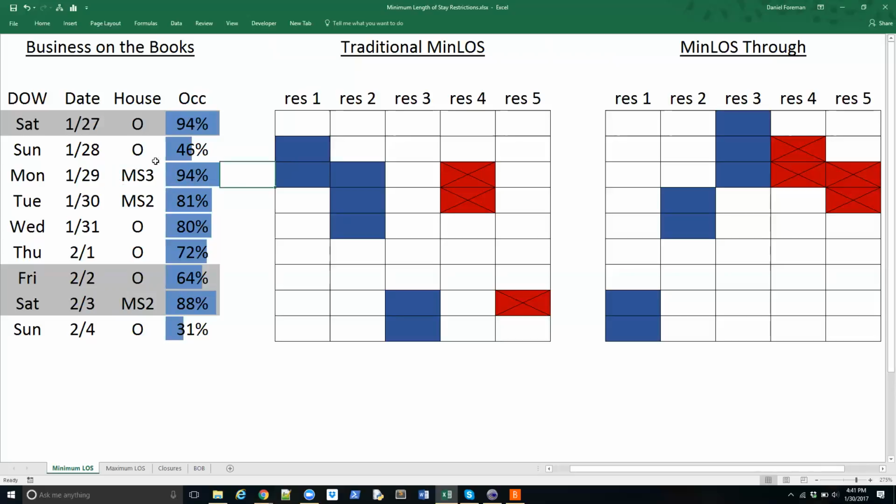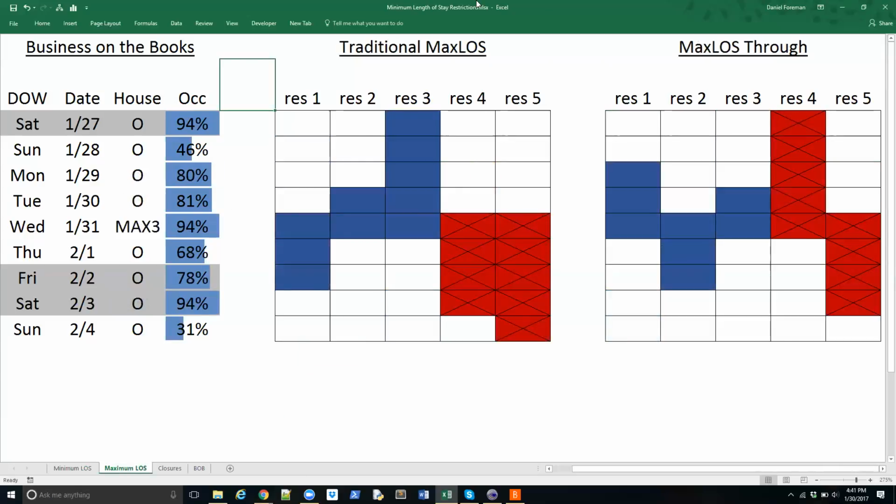Then, even if the guest quote unquote sneaks in like reservation 1 did, they still have to book 2 nights. So a min stay 2, regardless of whether it's a traditional affecting only the arrival or a min stay 2 through, does the same thing. It doesn't really start to change until you get into the min stay 3s, 4s, 5s, and so on.